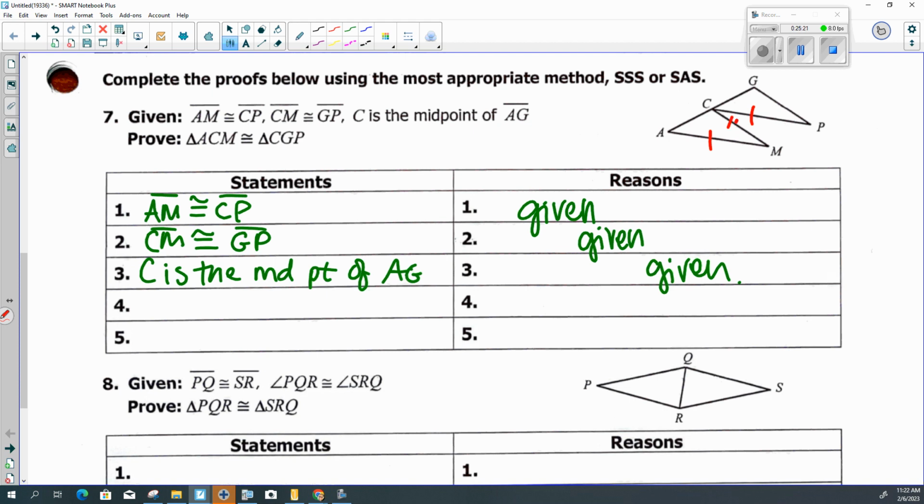CM is congruent to GP. And then they're telling me that C is the midpoint of AG. So step number 1 might seem kind of tedious, but it will help you move forward if you write it all down and then go mark it on the picture.